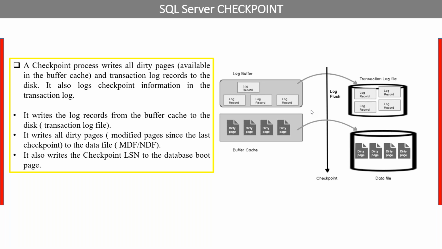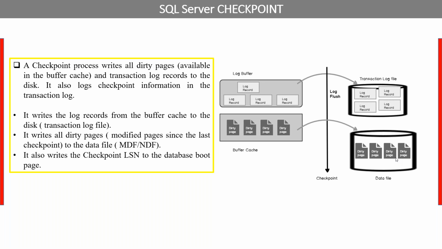The checkpoint process writes all the dirty pages available in the buffer cache and the transaction log records to disk. It flushes the dirty pages, and it flushes the log completely to disk: the log buffer to the LDF and the dirty pages to the data file.